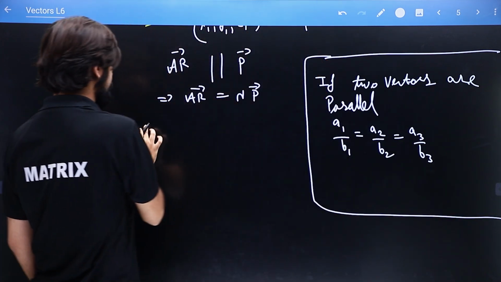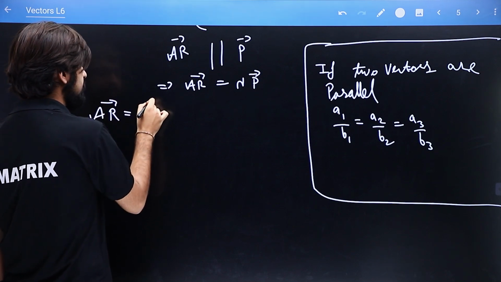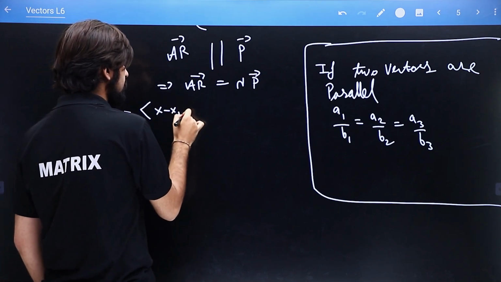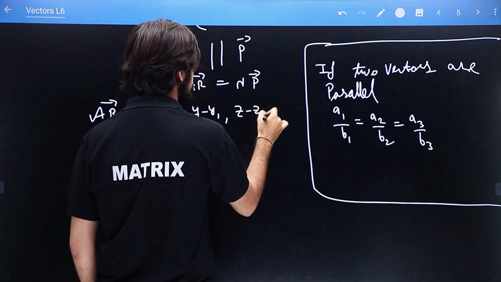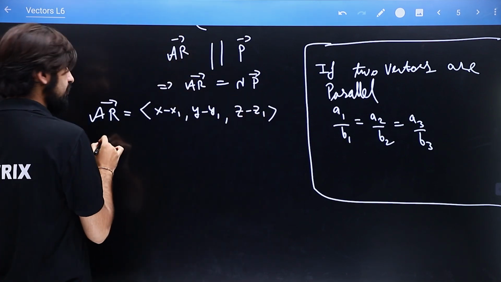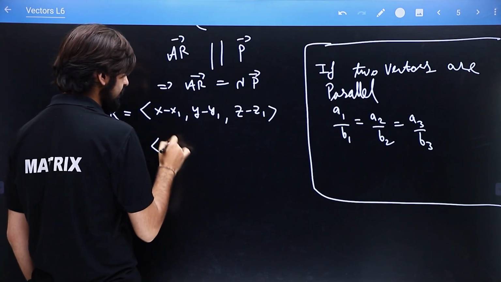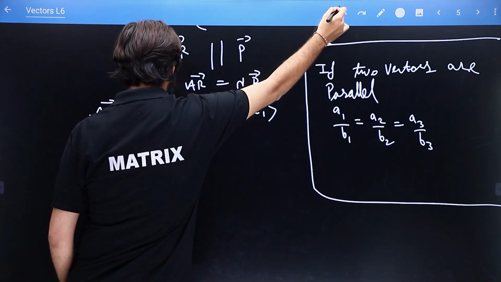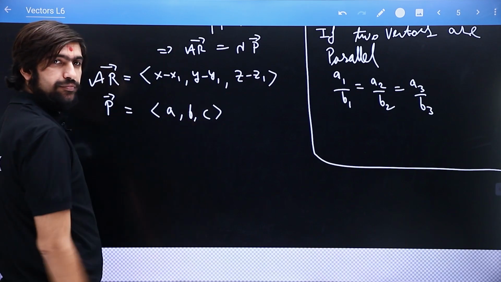So we are going to do that. First, vector AR is (x minus x1, y minus y1, z minus z1). And what was the p vector? That was (A, B, C). These are the DRs of vector p.